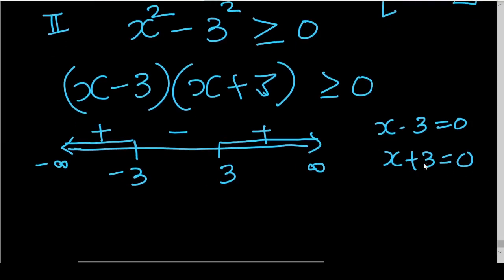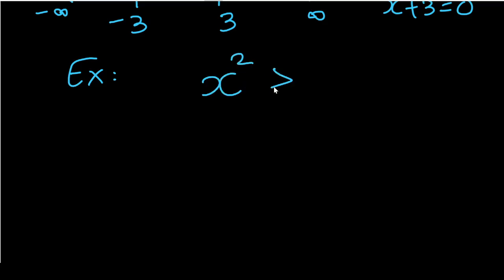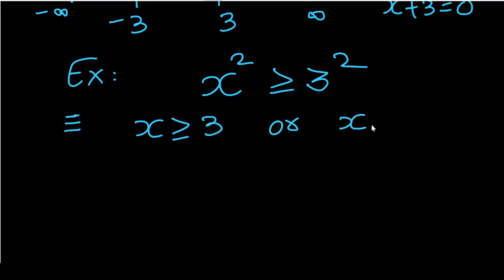So guys, our discussion for this example, x square greater than or equal to 3 square, finally concluded that x is greater than or equal to 3 or x is less than or equal to minus 3.